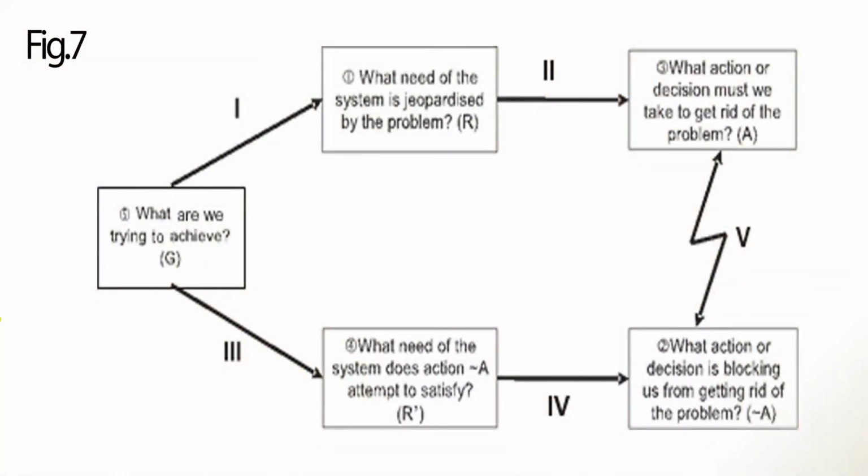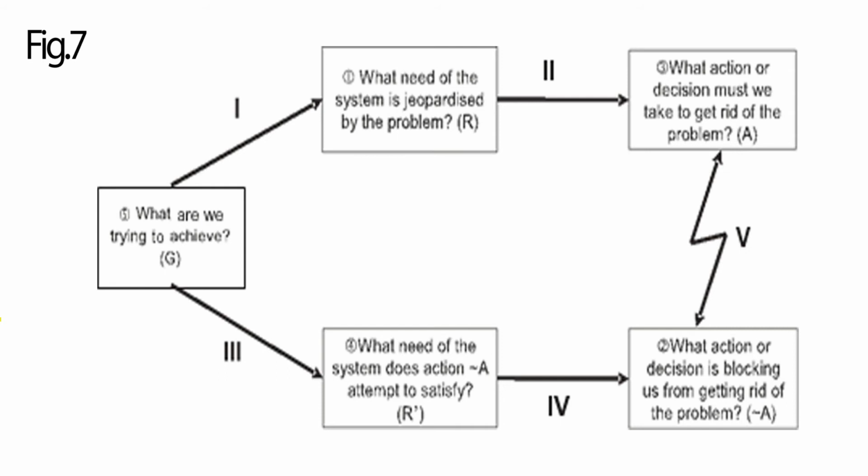Then from there you move to the second point, step number 2, and in step number 2 you will now refer to the problem. Referring to the problem, the way they manage the inflows, for example, of migrants, we now try to find R. And I think you can see on the diagram here, A, those are actions, and then R, what needs of the system are being jeopardized.